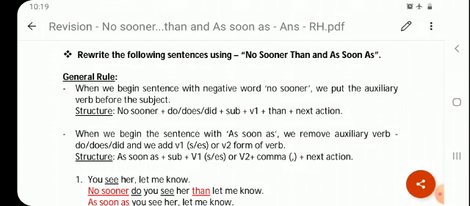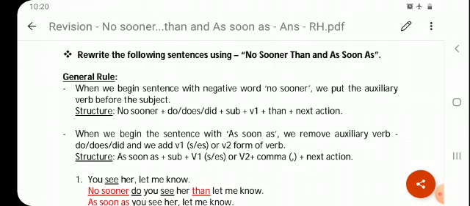We put do when the verb is in the present tense without the letter s or es. If the verb is in present tense but with the letter s or es, then we put does, and if the verb is in the past tense, then we put did.